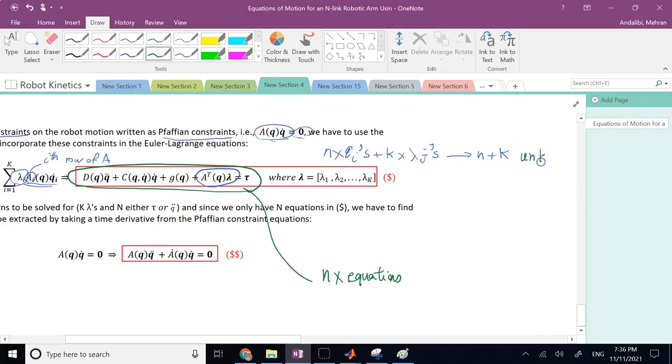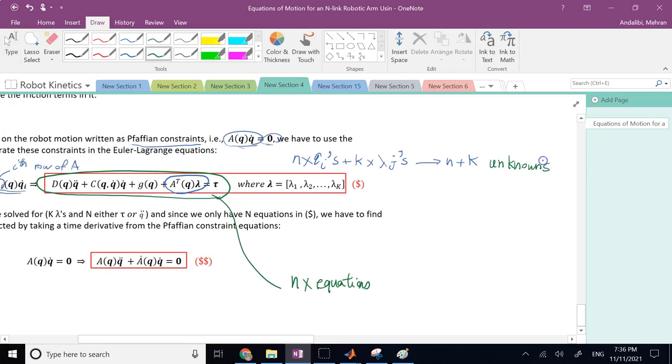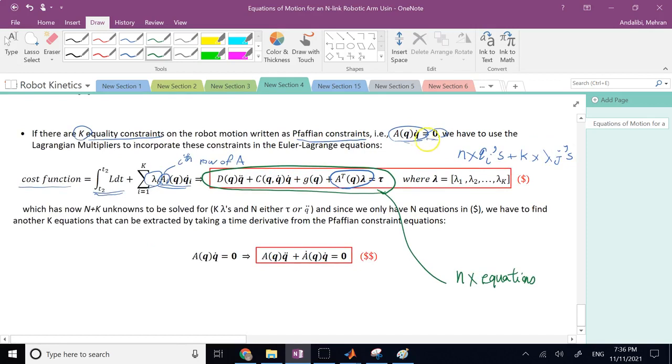So definitely not enough to solve for all of your unknowns, unless you also go back and use your constraint equations, the Pfaffian constraint. But these equations that you have are written in terms of the accelerations, q double dots. Your constraints are written in terms of q dots.